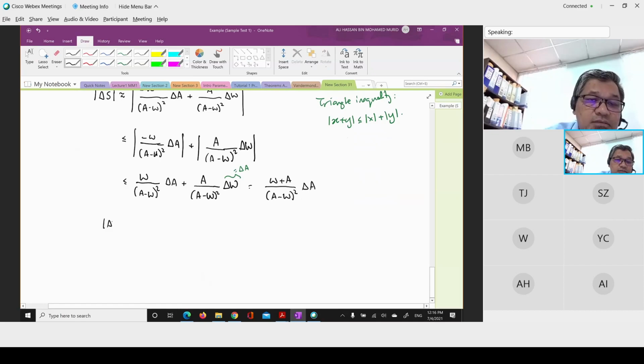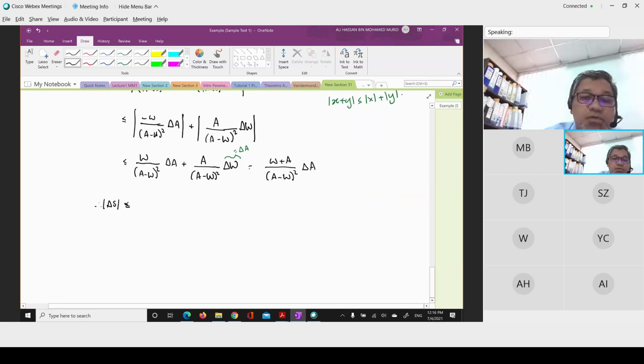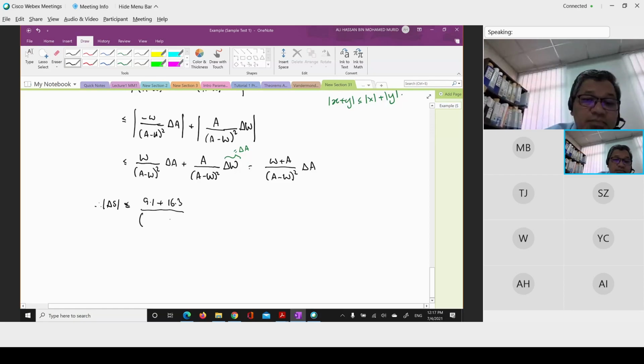It's less than or equal to, where W is 9.1 and A is 16.3. Downstairs we have 16.3 minus 9.1 squared, and delta A is 0.009.